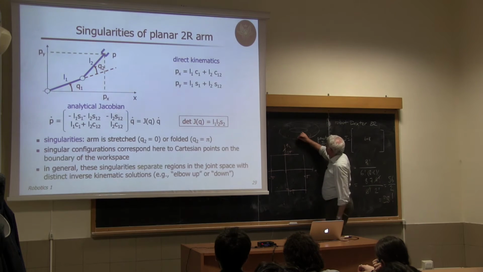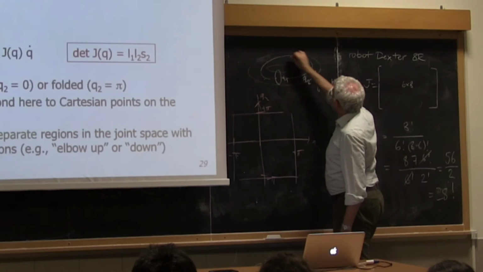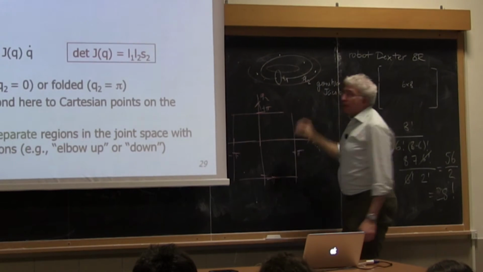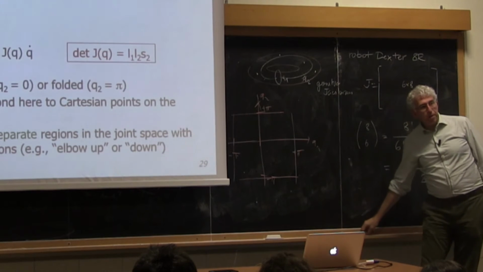For instance, you may go around this circle with Q1 and around here with Q2, and then any configuration lives on this.